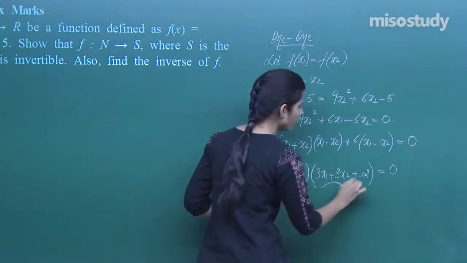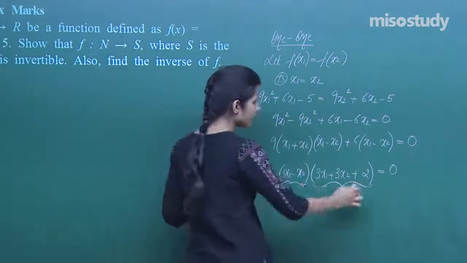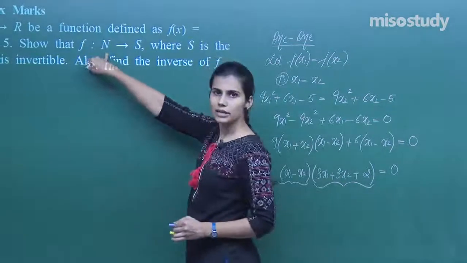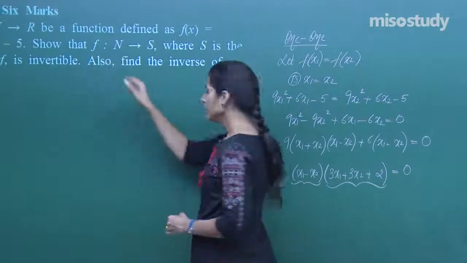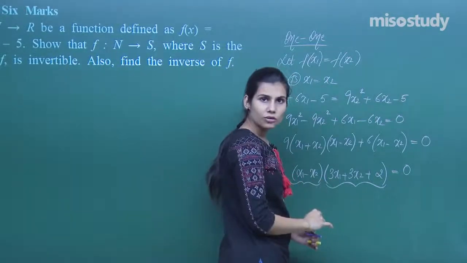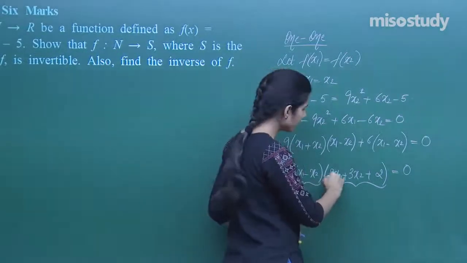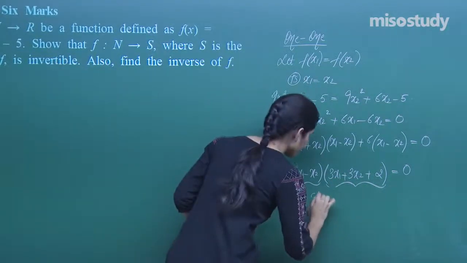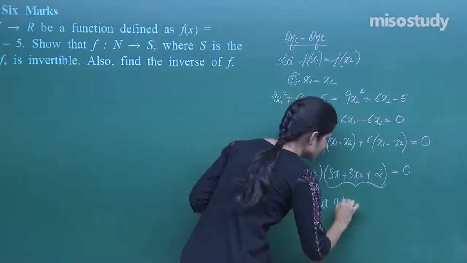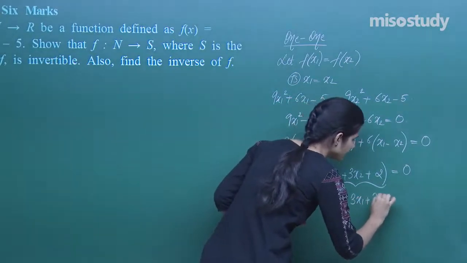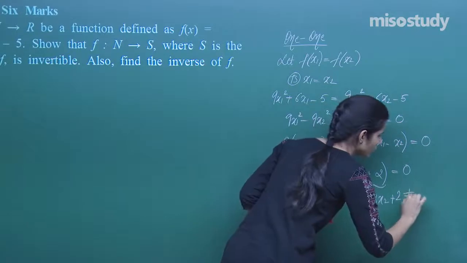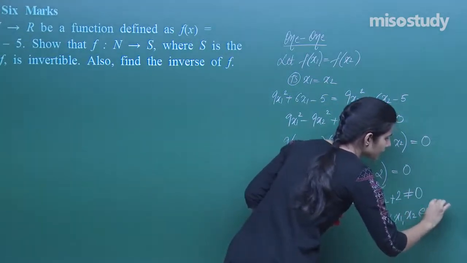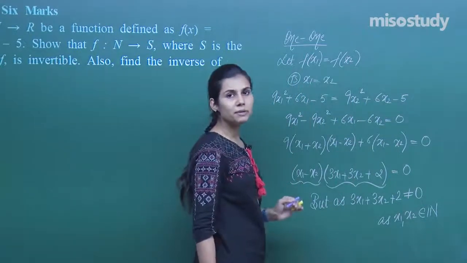Either this is 0 or this is 0. Can this ever be 0? x1 and x2 are coming from the domain of f, which is natural numbers. Natural numbers begin from 1. So, can this ever be 0? 3 times a natural number plus 3 times a natural number plus 2 can never ever be 0. 3x1 plus 3x2 plus 2 is not equal to 0, as x1 and x2 come from the set of natural numbers, which means minimum they can be 1.